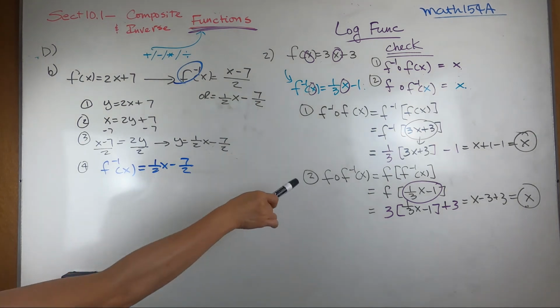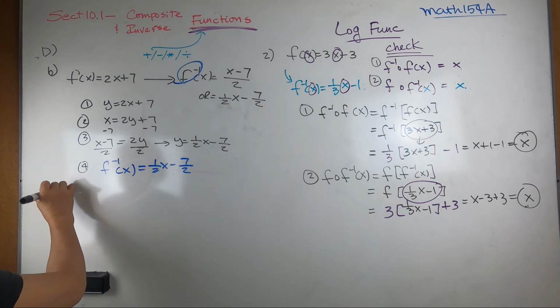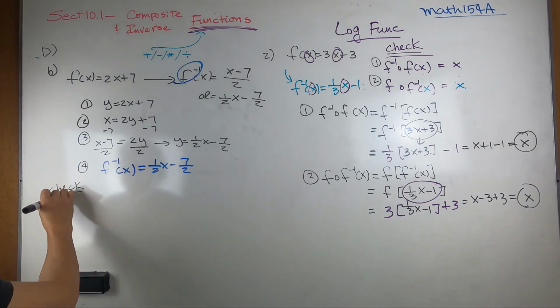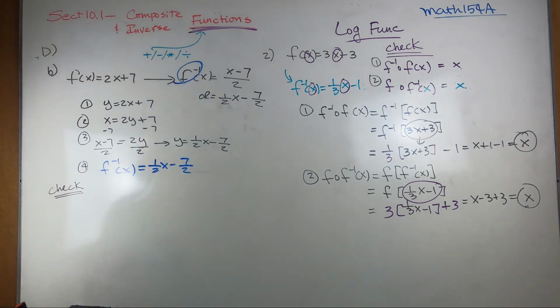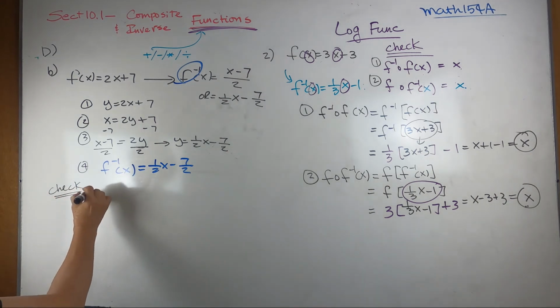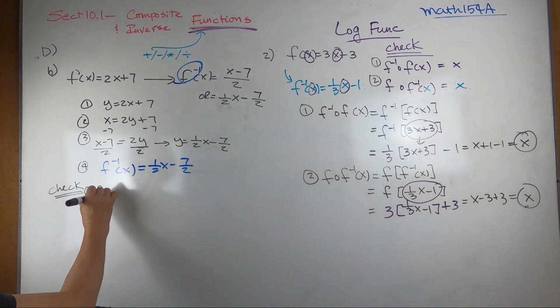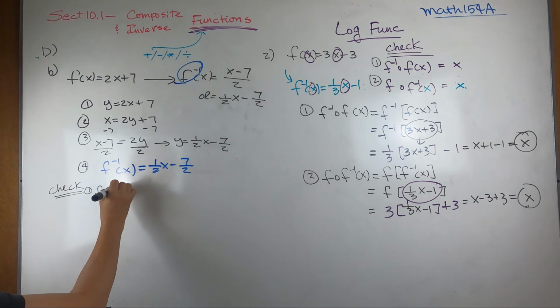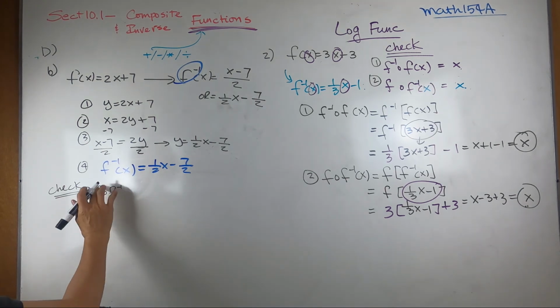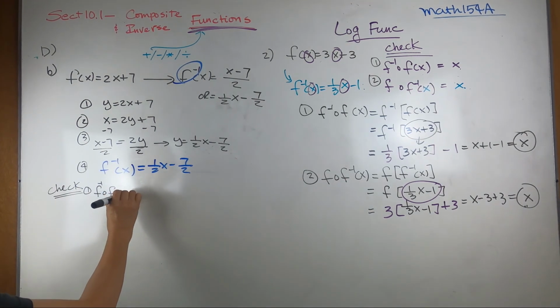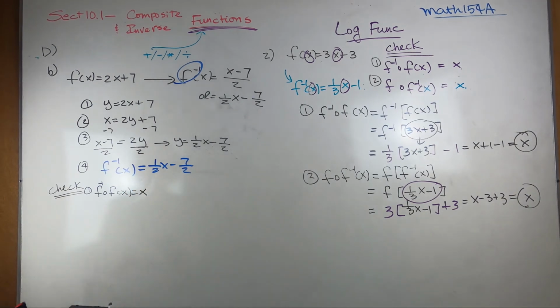Let's go through the checking again. For some of you might need it, right? So checking, you have to check two things. F inverse of f of x equals x, right? Another one is what?